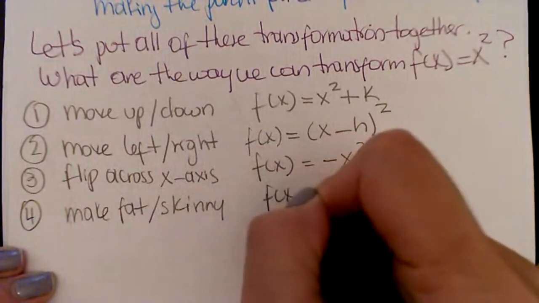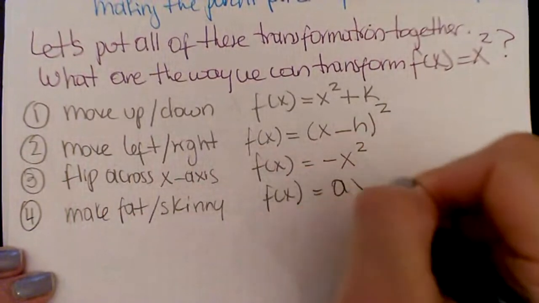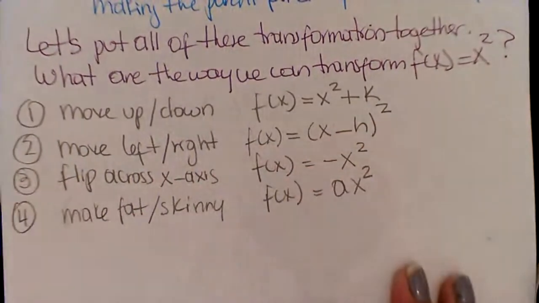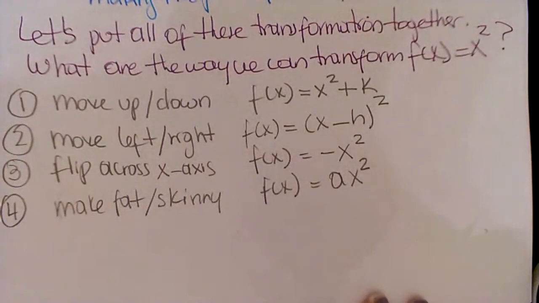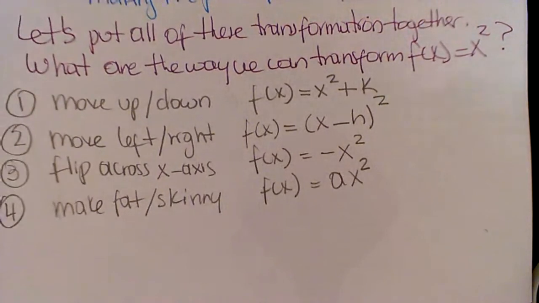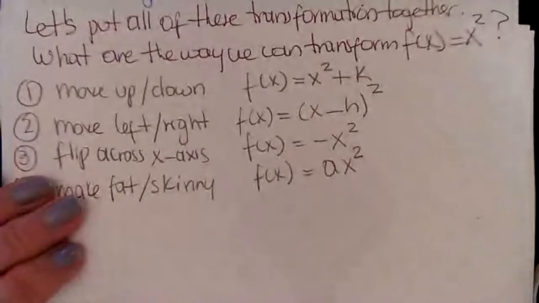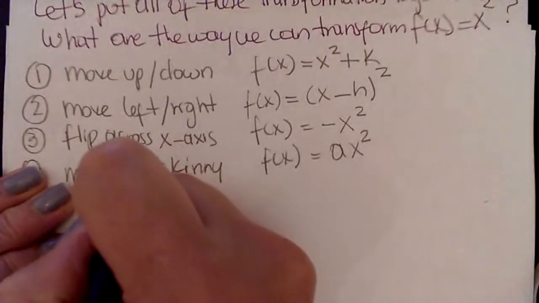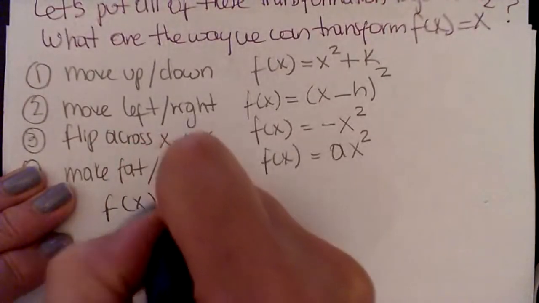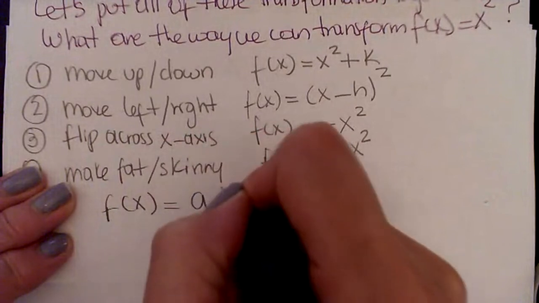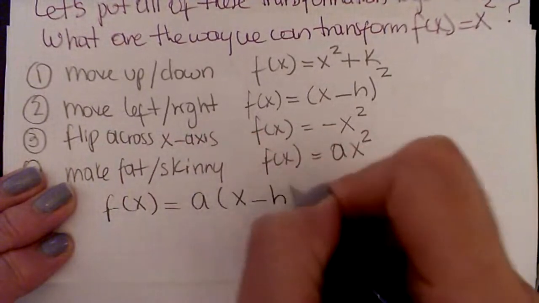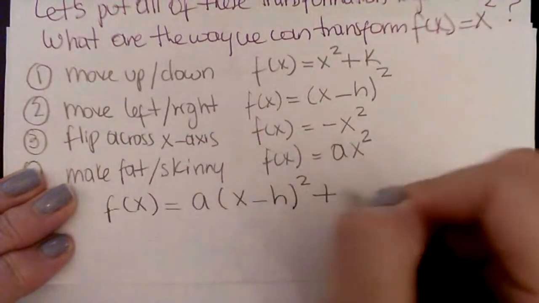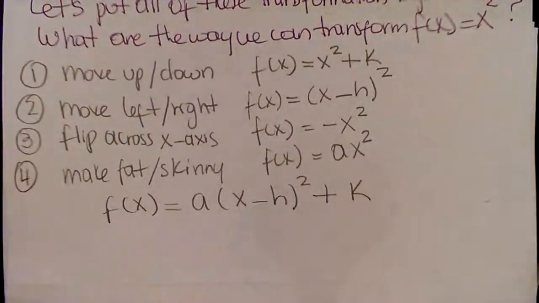So this one is a x squared. So as one statement, we have this. f of x is equal to a times x minus h squared plus k.